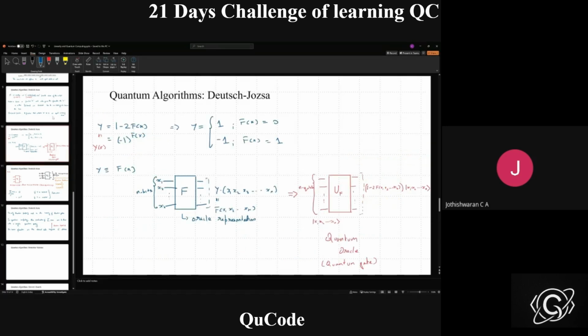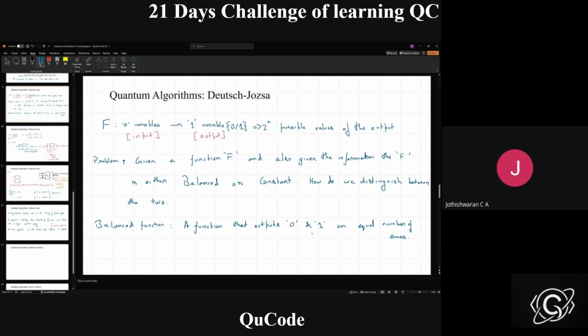Essentially, if I have a function that is 0 and 1 an equal number of times, how many balanced functions can I have? The answer is, it grows exponentially. But no matter how many variables I have, I will always have only 2 constant functions, either all zeros or all ones. So the set of constant functions is of constant size, because the output is always going to be 0 or 1.